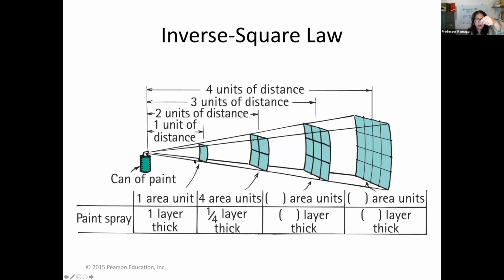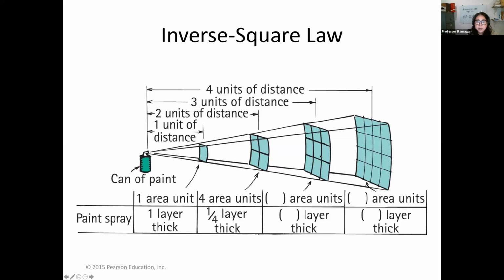Now if you were to move twice the distance away from the can, the spray spreads out in a way that you need 4 sheets to cover the same amount of ink that came out from the can. And therefore, the saturation of each same unit area becomes 1/4 less saturated. So it's not going to be a strong color. It becomes 1/4 for twice the distance.